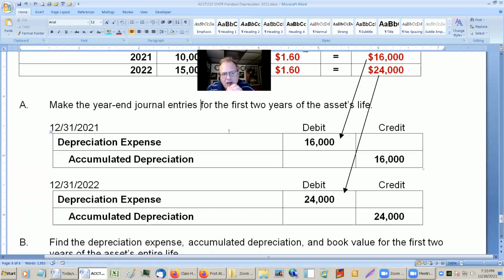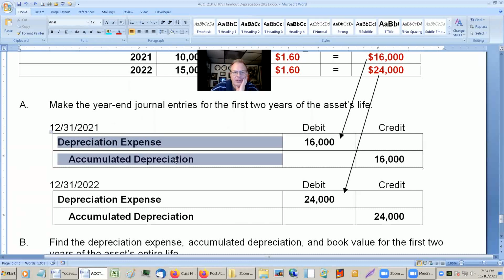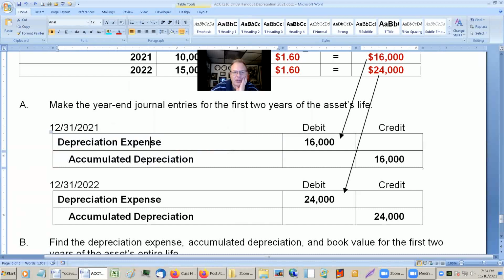And speaking of this, there is something about depreciation expense that is different than most of your other expenses. What's the difference? Look at this journal entry: depreciation expense, accumulated depreciation. Let's say that you're paying rent. You'd have rent expense.